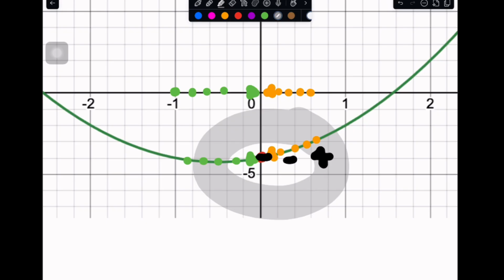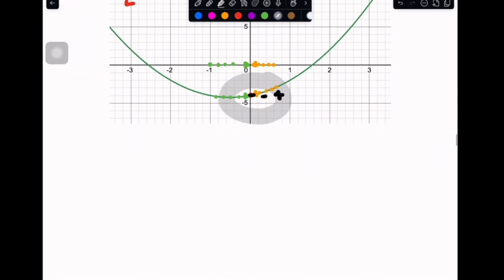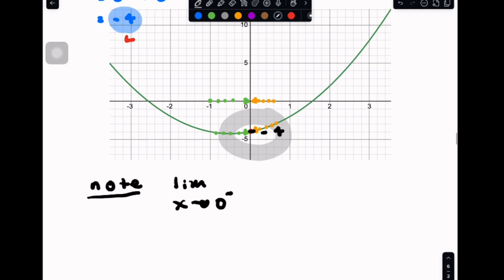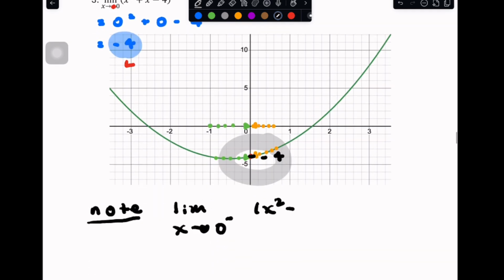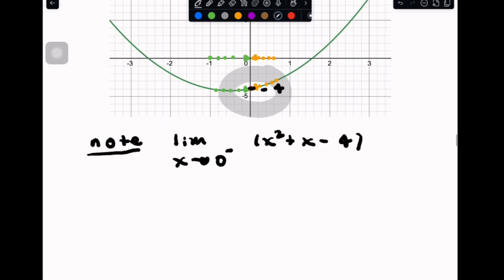Now, I'm going to give you guys a little note here. I want you guys to know this as well. They could have asked you, what's the limit as x goes to 0 from the left of this function? X squared plus x minus 4. What if they asked you a left-handed limit question?